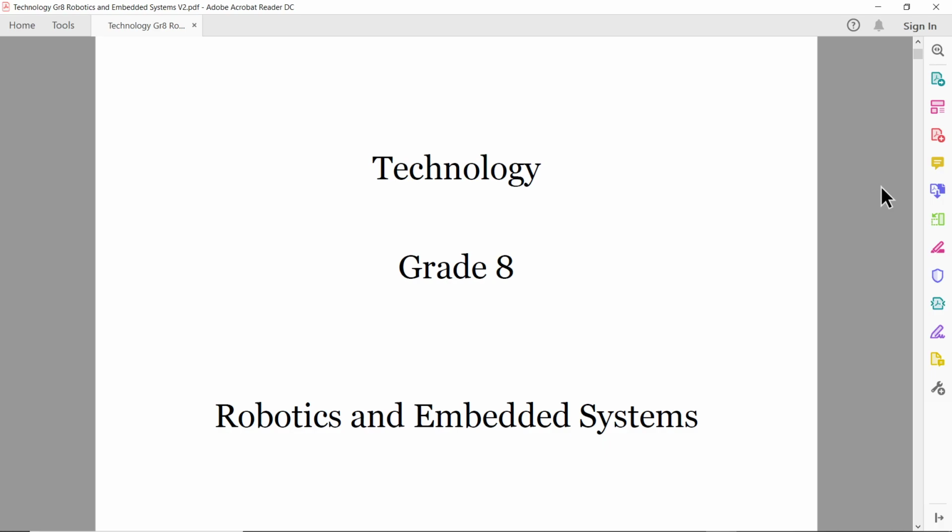A little bit about how we'll run this. We will have a WhatsApp group as well as the Team, and I will post stuff to both simultaneously. I have already uploaded the notes for this term.